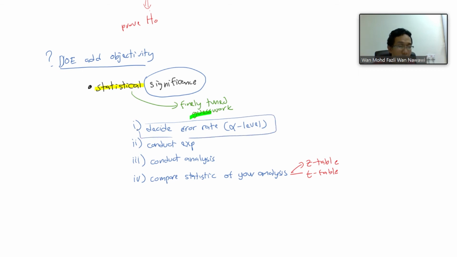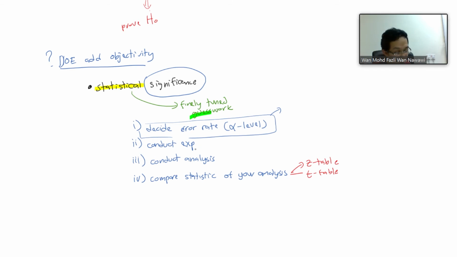This is basically like a power thing. When you know how much statistical power you want for your experiment, then you have some confidence. You want to decide how many percent confidence you want to put in your result. That's where deciding the error rate comes in.